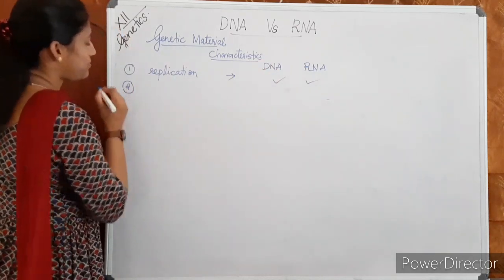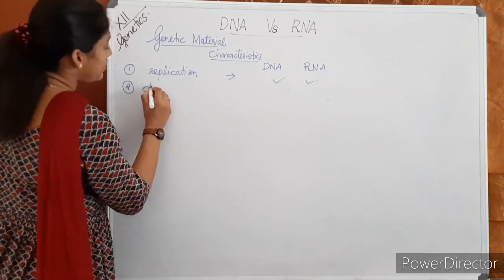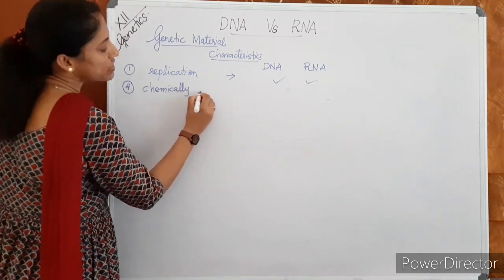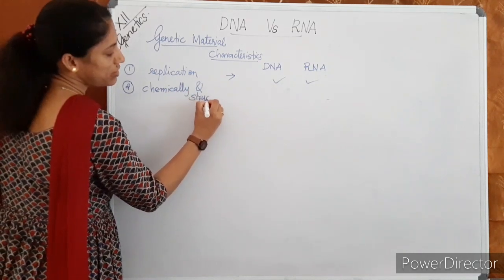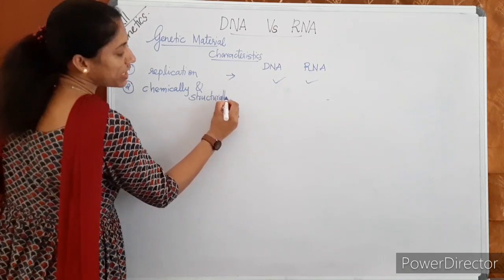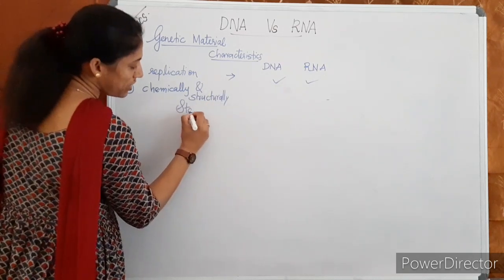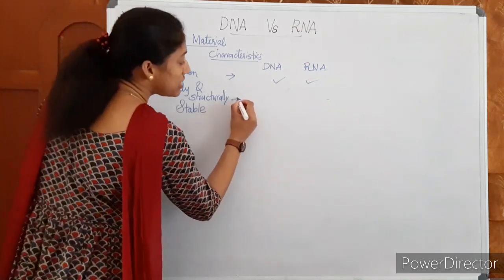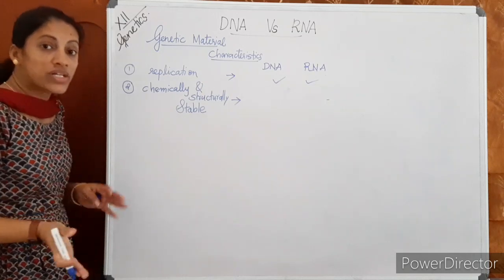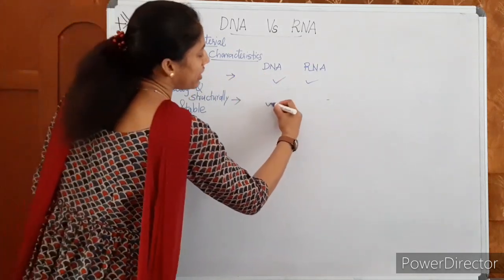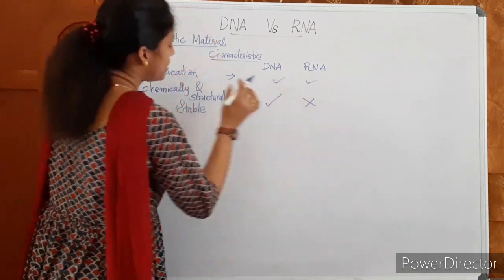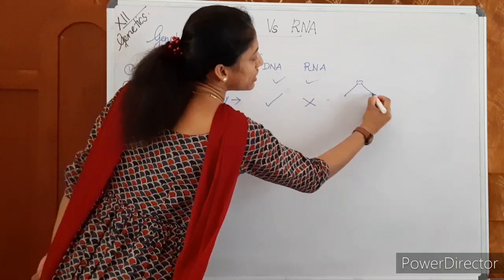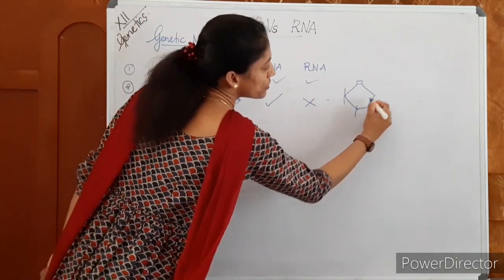Second characteristic, a genetic material should be chemically and structurally stable. When we discuss this feature, DNA has a great advantage over RNA. DNA is stable compared to RNA. In RNA, the sugar is ribose sugar.